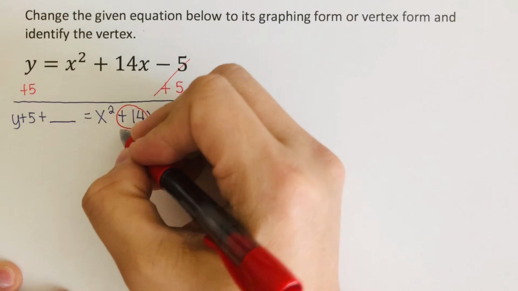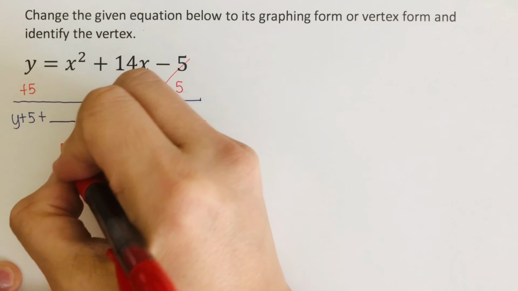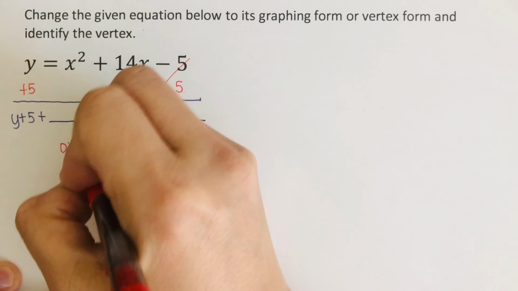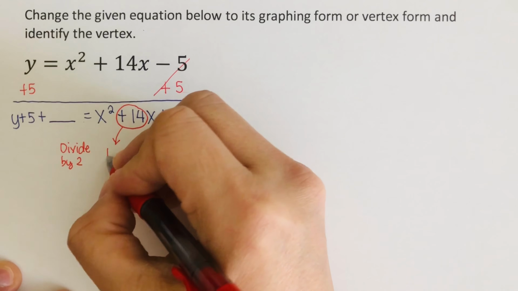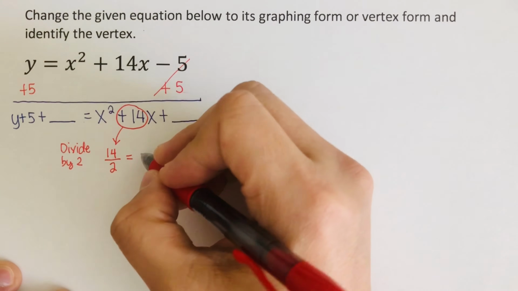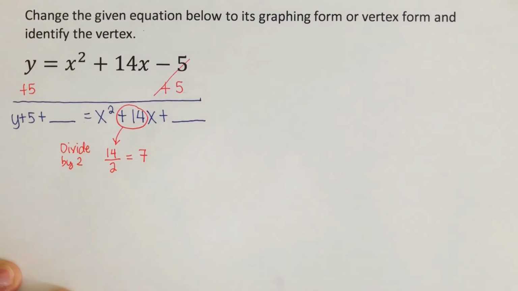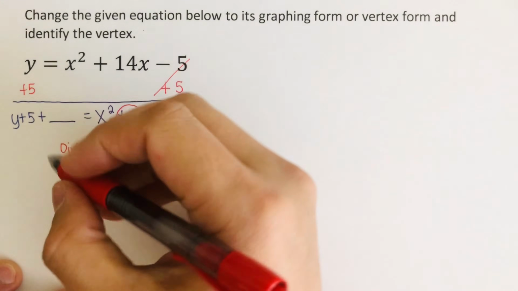The step that we're going to do is divide this by 2 every time. So 14 divided by 2 is 7. Then I am going to square the 7.